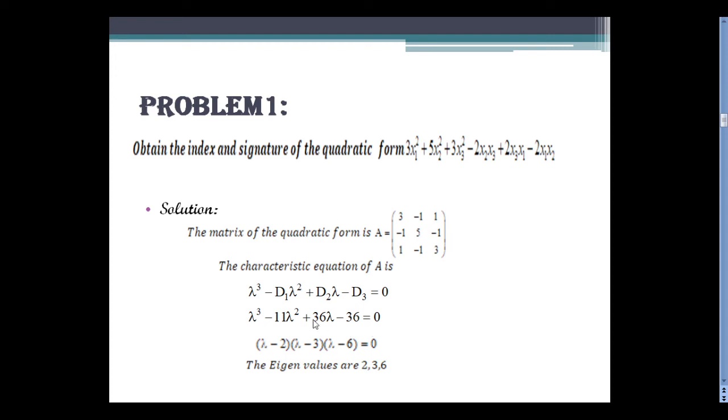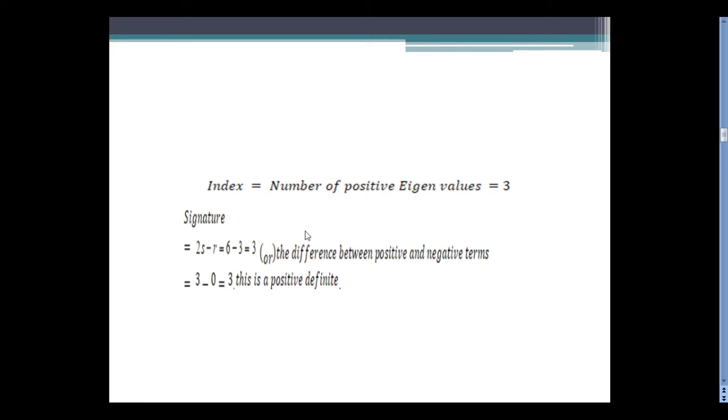After substituting, we solve and get the eigenvalues, which are of the form lambda minus 2, lambda minus 3, lambda minus 6 equal to 0. Now the eigenvalues are 2, 3 and 6. All three eigenvalues are positive, so the nature is positive definite.